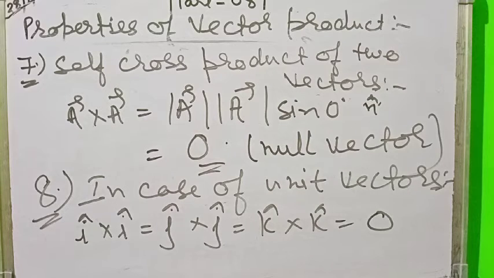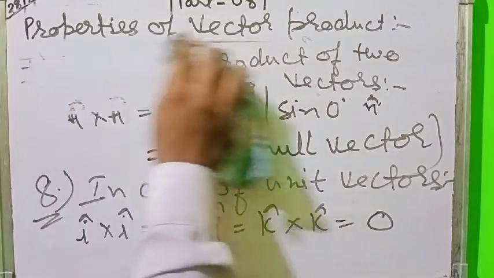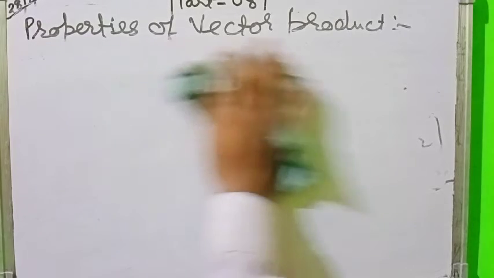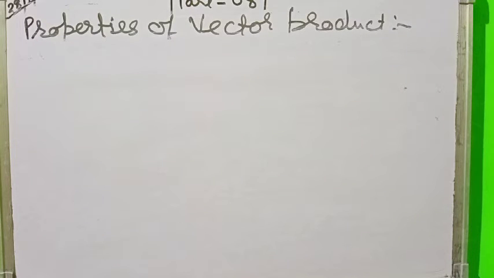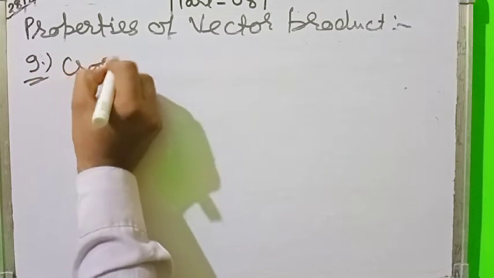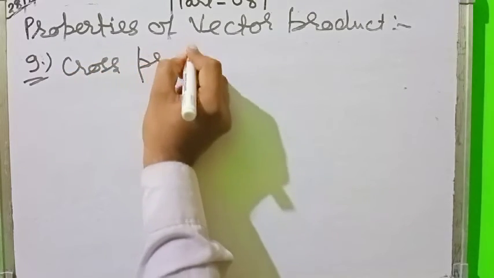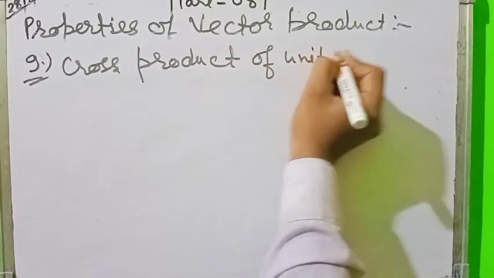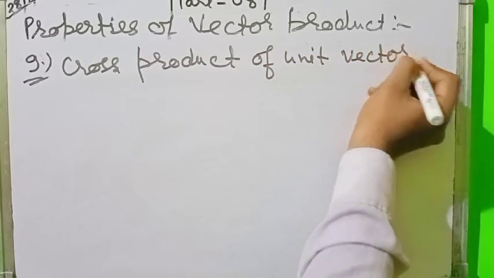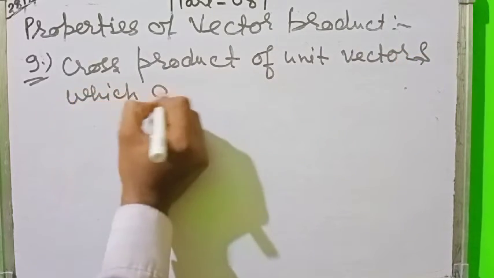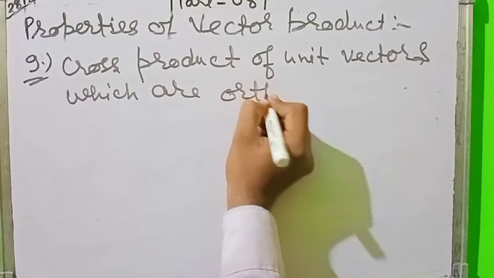Now the cross product of unit vectors which are orthogonal, that is i cap cross j cap, j cap cross k cap, and k cap cross i cap.